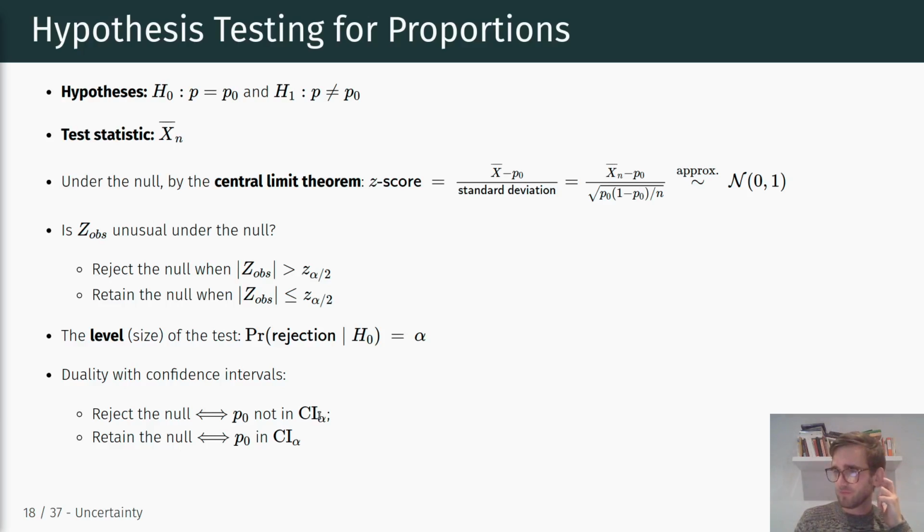So in other words, if we engage in a hypothesis test with a rejection level of 0.05, so that's 5% significance, that is equivalent to computing the confidence interval for the 5% confidence level and examining whether that p0, that null hypothesis population parameter, is included in the confidence interval or not. Okay.